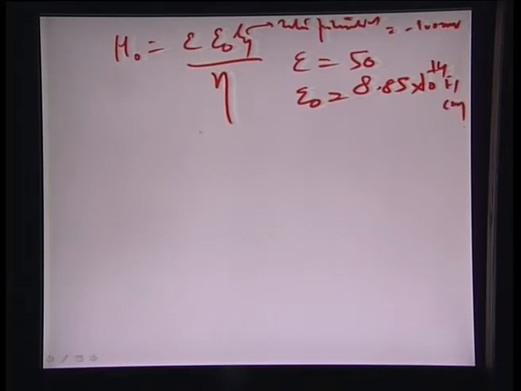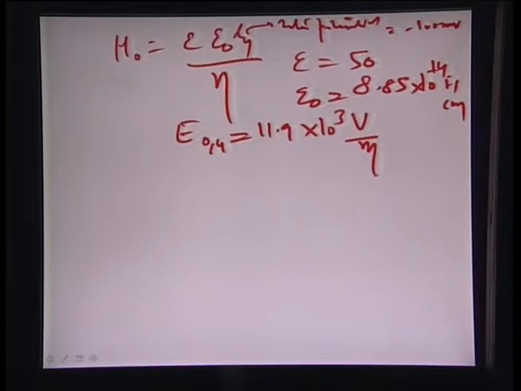And we already know from our previous experience with the electric field in the arm length 4 that the electric field E here between 0 and 4 is essentially 11.9 times 10 to the power of 3 volts per meter. We assume the viscosity, as has been given in this question, of aqueous fluid to be 0.001 kg per meter second.